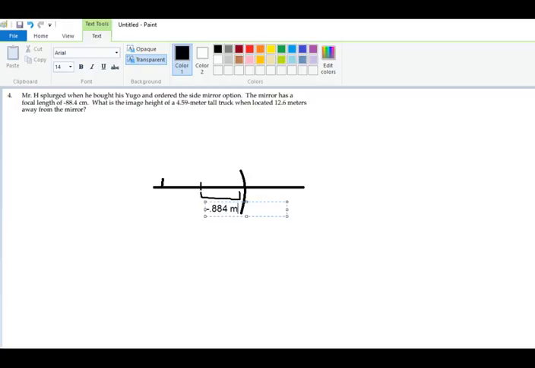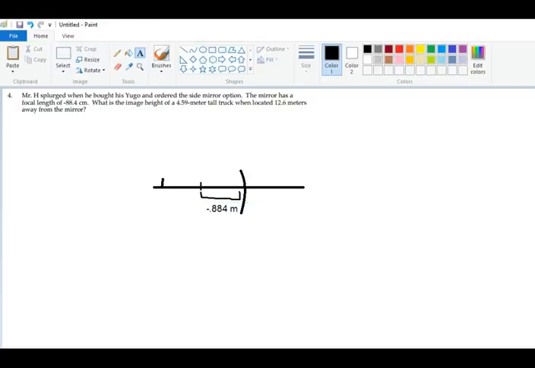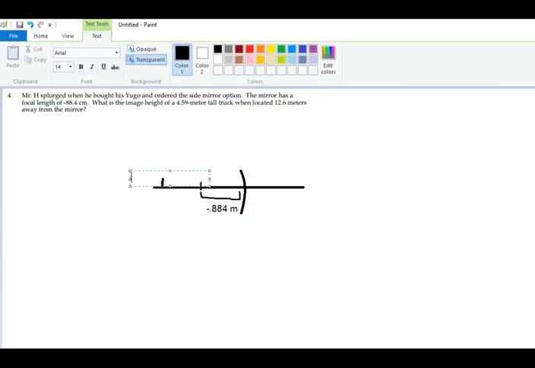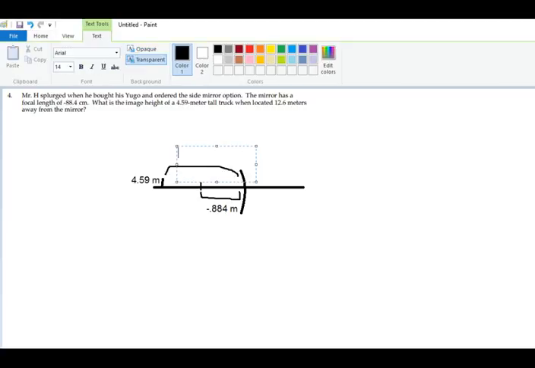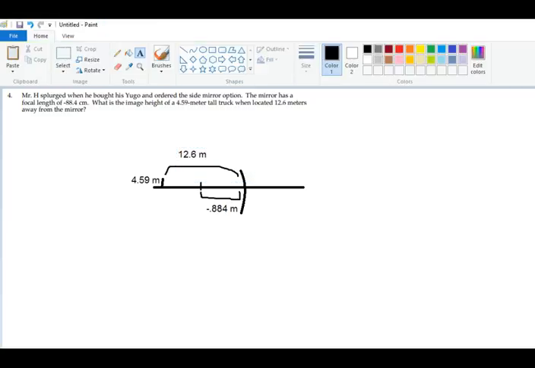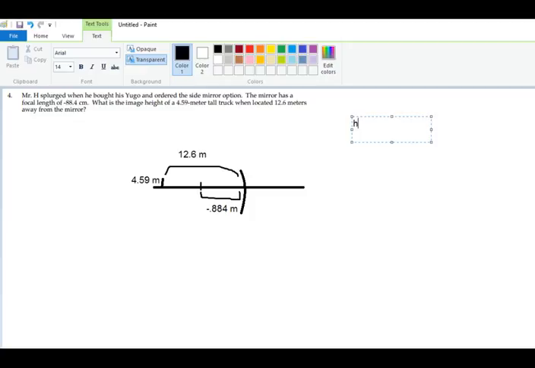Like I did in the last problem, I just converted the centimeters to meters to make it simpler. The height of the object is 4.59 meters, and the distance between the object and the mirror is 12.6 meters. And with all this given, we are trying to find the height of the image.